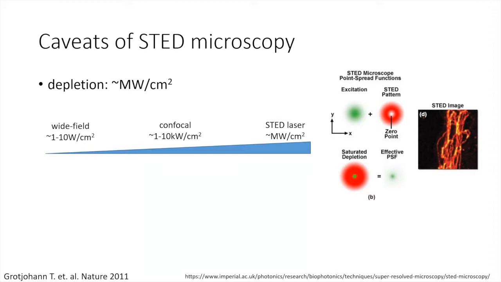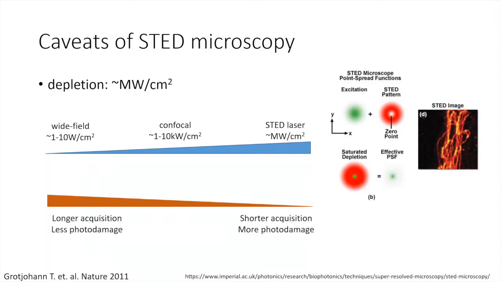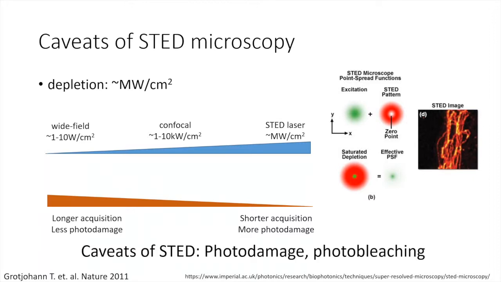So you really need to worry about how severely you will photodamage your sample, especially for live cell imaging. The biggest caveats are photodamage and photobleaching in live cell imaging.